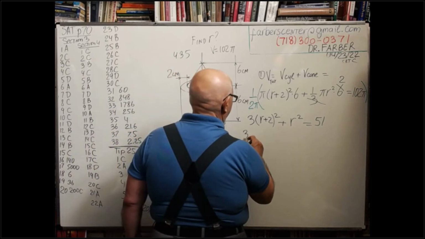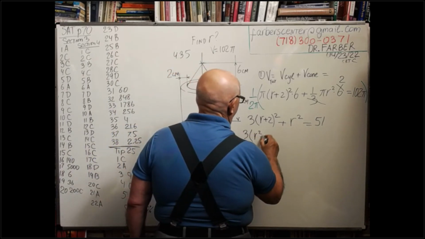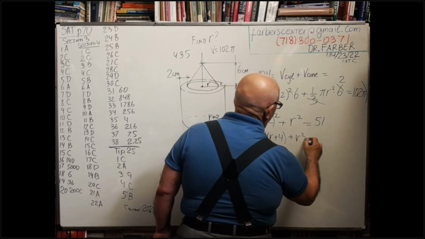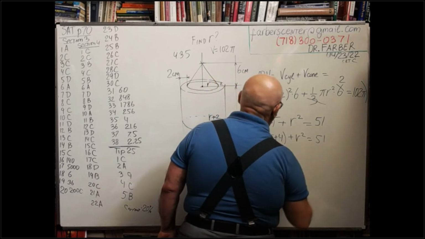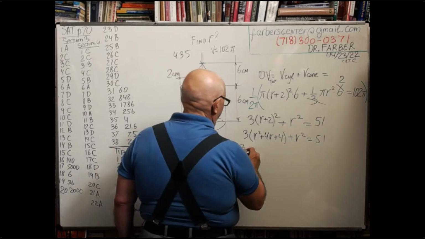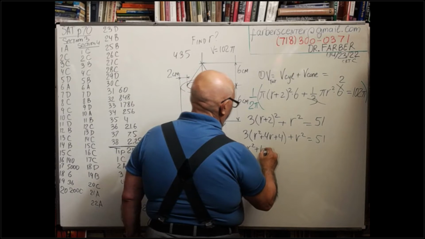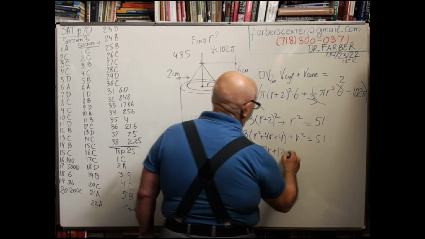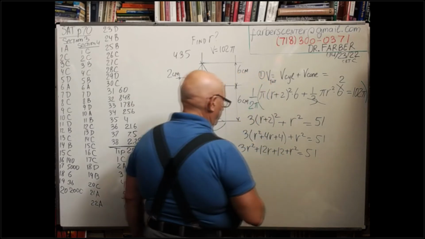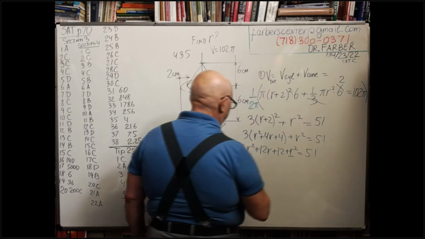So 3 R plus 2 to the second, 3 times R squared plus 4R plus 4, plus R squared equals 51. Or 3R squared plus 12R plus 12 plus R squared equals 51. Or combine like terms.